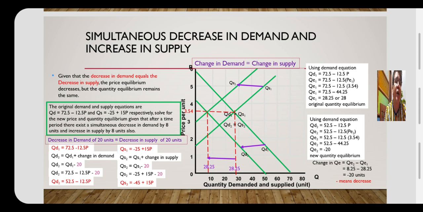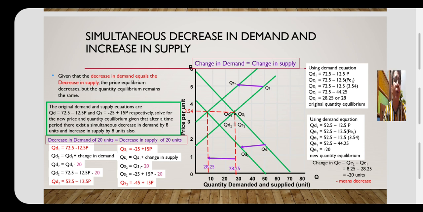What is wrong is the concluding value in the computation of the new quantity equilibrium, and what was written there is negative 20. It should not be negative 20. It should be 8.25. So please make a correction. That is why I found it confusing.